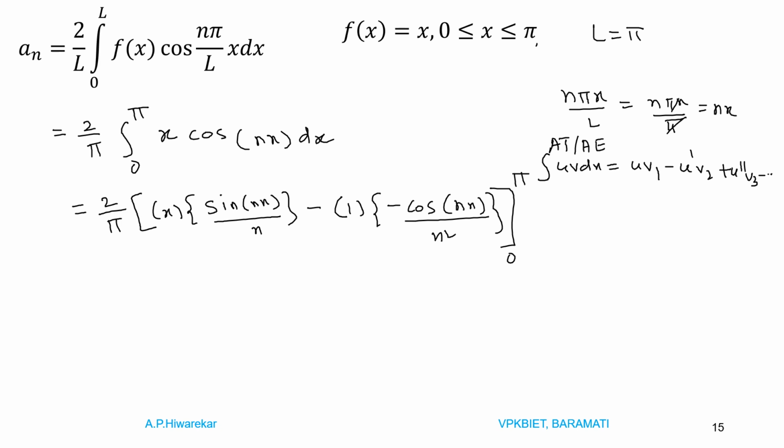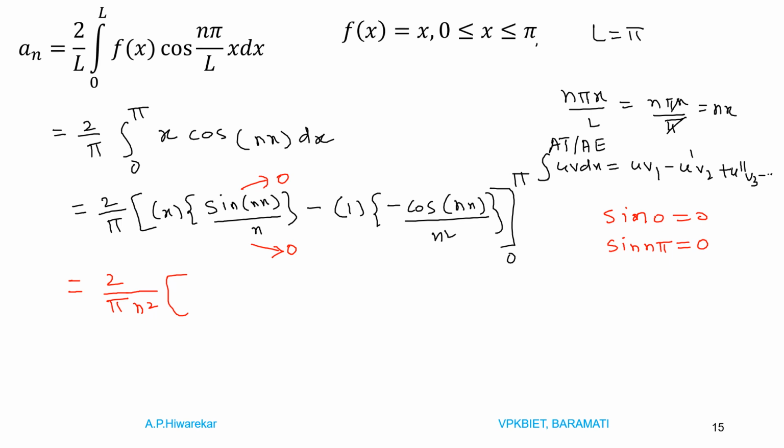And obviously, as we know, sine of 0 is 0, and sine of n pi, where we are assuming n as a natural number, is 0. So this term for the upper limit as well as the lower limit becomes 0. So it will be 2 by pi. We need to calculate this term for the upper as well as the lower limit. Its sign is plus, so 1 by n square, so 2 by pi into n square is common.